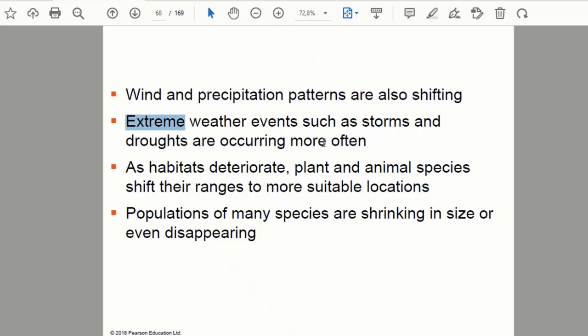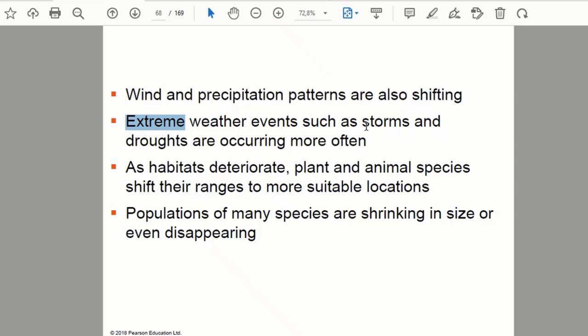Extreme weather events could be a storm, because although an environment needs rain in maybe 2 or 3 seasons in a year, if that rain turns into a storm, it could make a shift in that habitat. Also, if that environment doesn't receive enough rain, it turns into a drought.